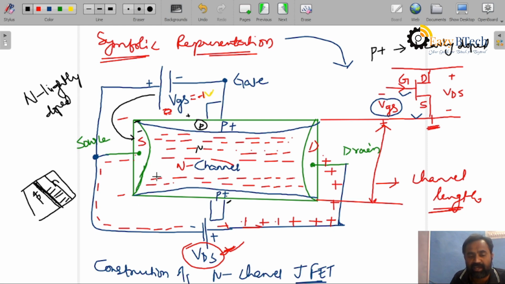Depletion region width expansion is maximum in the channel compared to the P-type material. That is why here the width expansion is like this, but here it is like this. This is the total width expansion. Here also same.